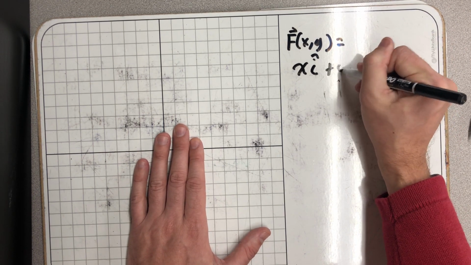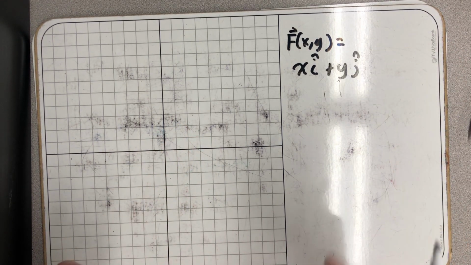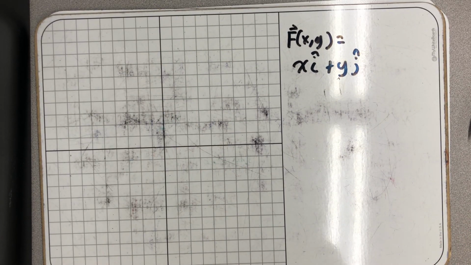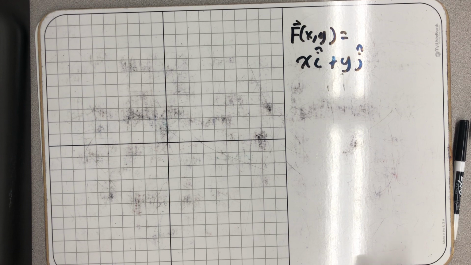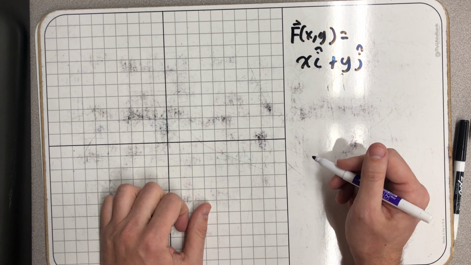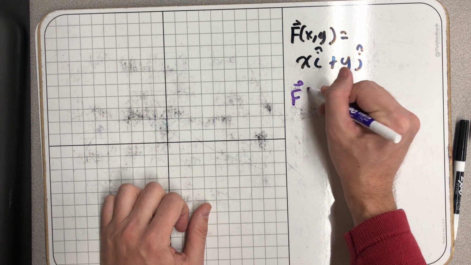A pretty boring vector field. I want to sketch this vector field, so I have a grid here, and I'm going to draw it. Our convention is to draw the vectors at each point as if the tail of the vector was at that point. So let's first draw the vector at 0, 0.